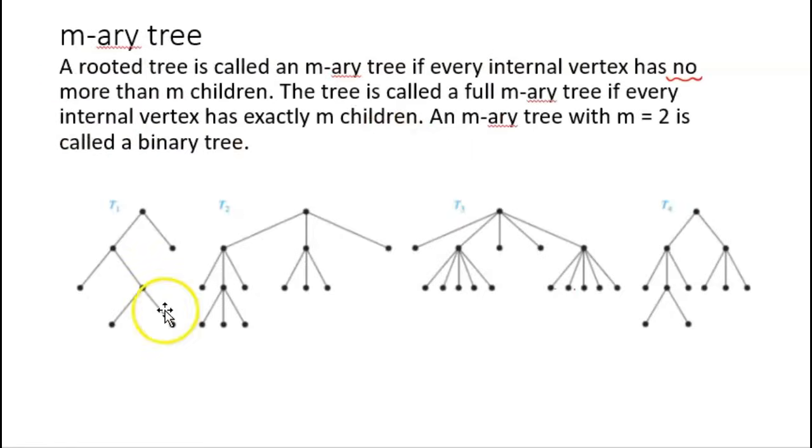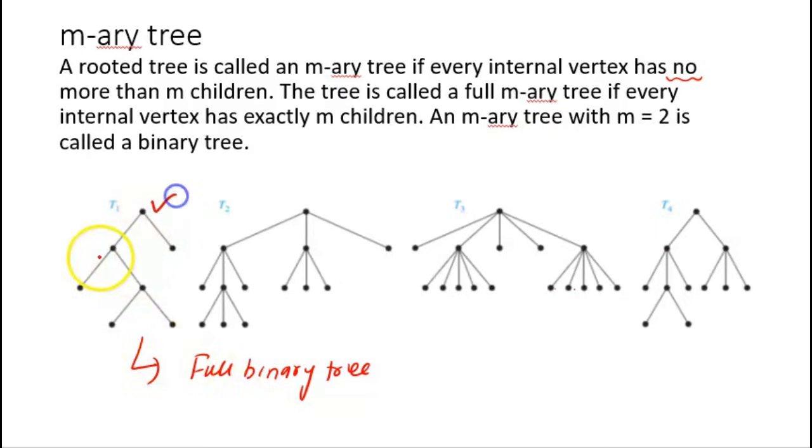So this was one example which I took, and this was a full binary tree, right? So in this full binary tree, how many internal vertices are there? 1, 2, and 3. So the internal vertices I is equal to 3, and it is a full binary tree, so m is equal to 2, because when m is 2 we call it binary, otherwise we call it m-ary.